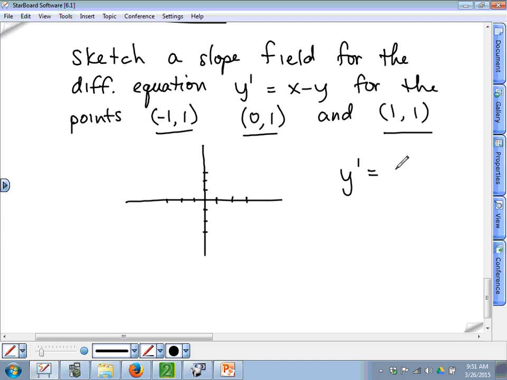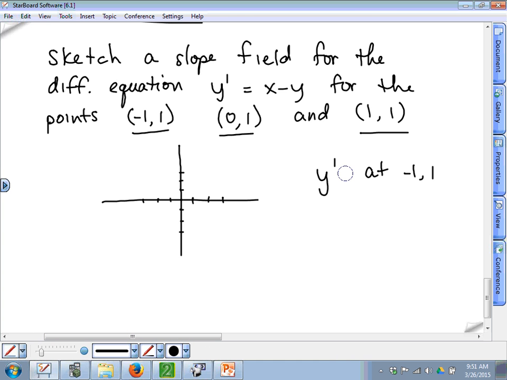Okay? So let's do this y prime. Are you sketching a bunch of slopes? Yeah. That's what a slope field is. It's a bunch of little slopes at individual points. So y prime at negative 1 comma 1. Well, y prime is equal to x minus y. So this is negative 1 minus 1, which is negative 2.